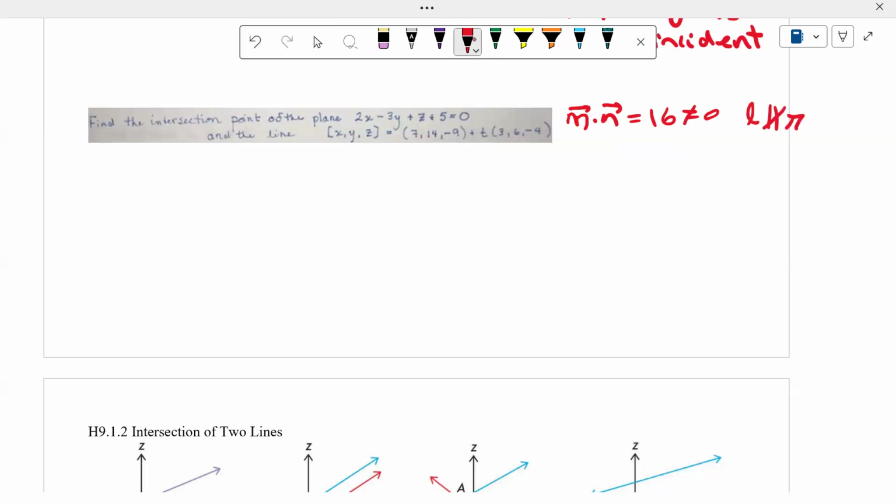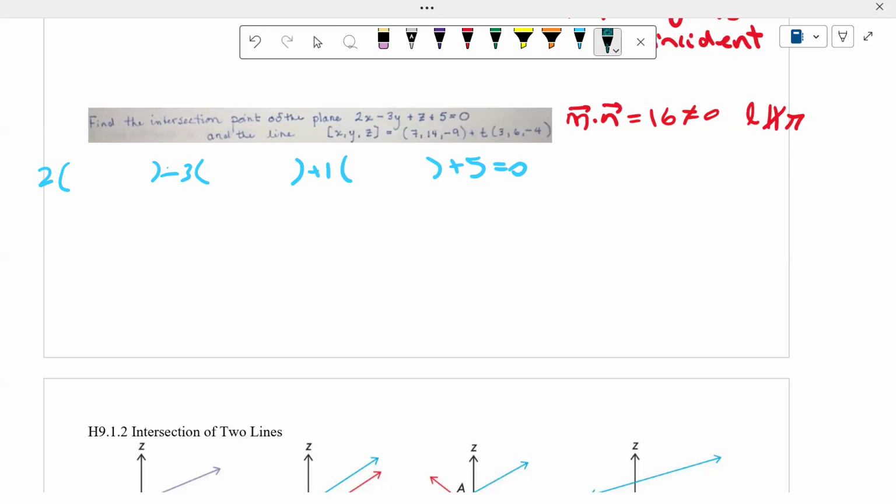So our next step is to find the parametric equation and put it into the plane. I'm going to do it in one step: 2 times something, minus 3 times something, plus 1 times something, plus 5 equals 0.